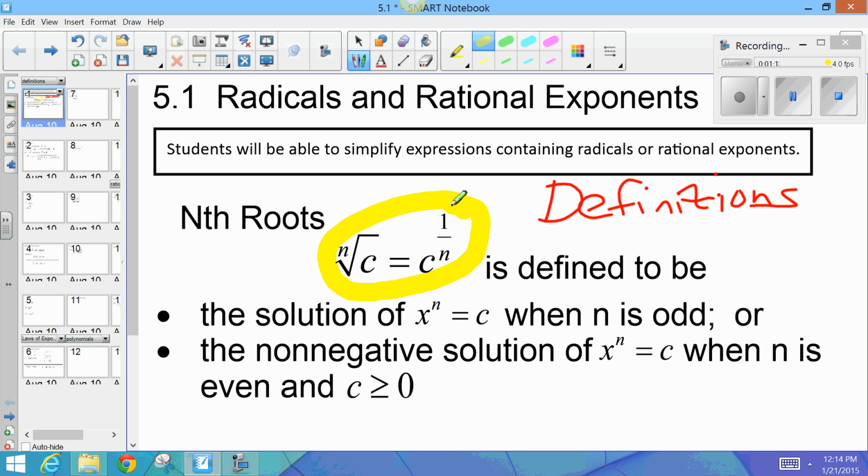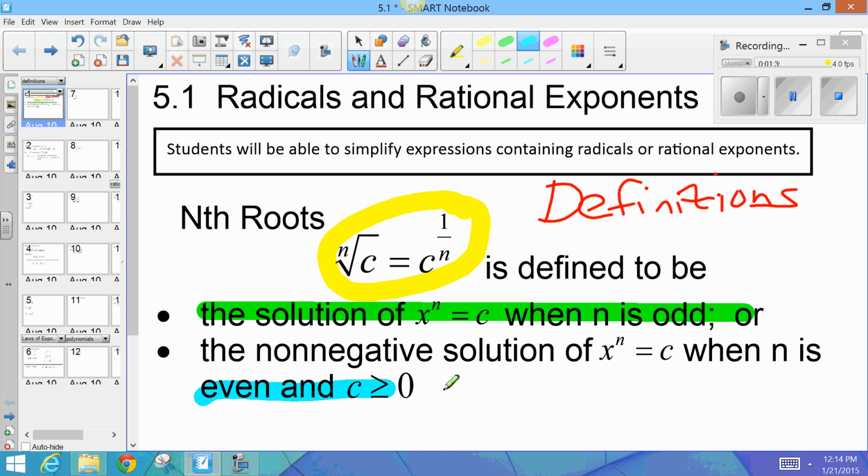So if we're taking an odd root, okay, there's only one answer. If the stuff underneath the radical is positive, the answer is positive. If the stuff underneath the radical is negative, the answer is negative, okay? If you're taking an even root, you can't take the even root of a negative number.